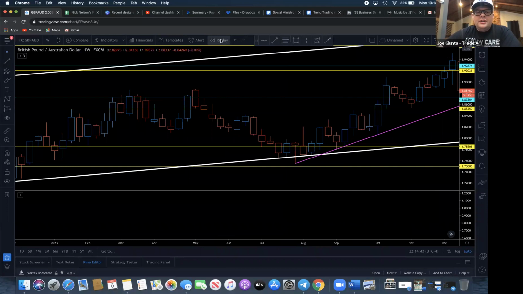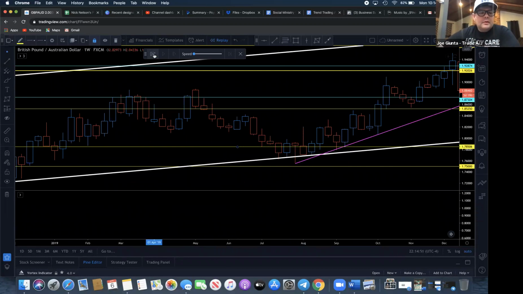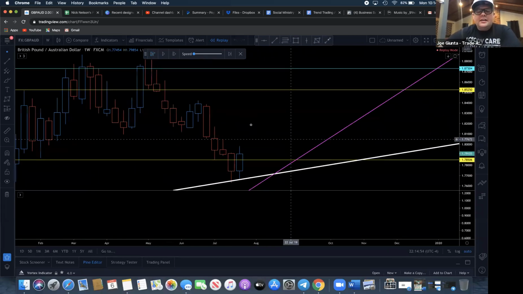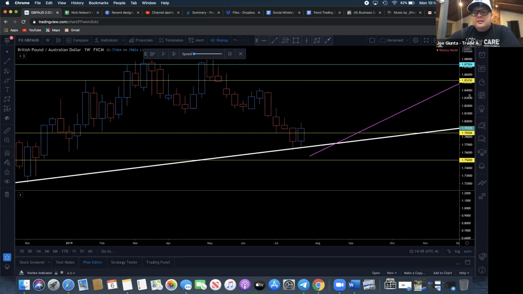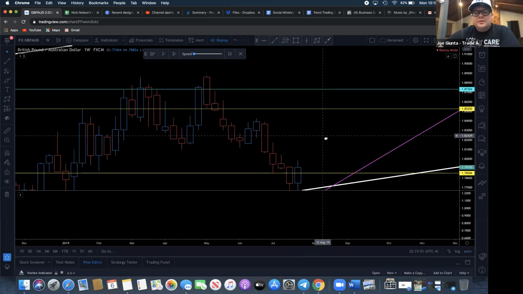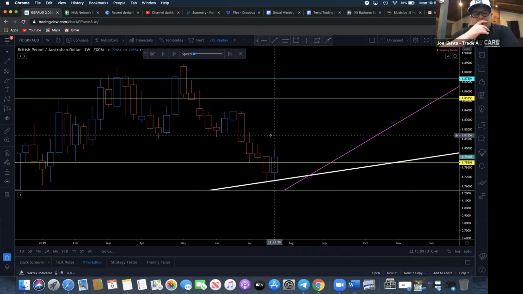If I go to replay mode right here, watch this. Let me show you something powerful. So I'm taking it into replay mode. Most of us who maybe don't know exactly what we're doing, if you're looking at it like this, you're seeing a double top, some kind of reversal, and you go, oh man, the chart's about to go down.